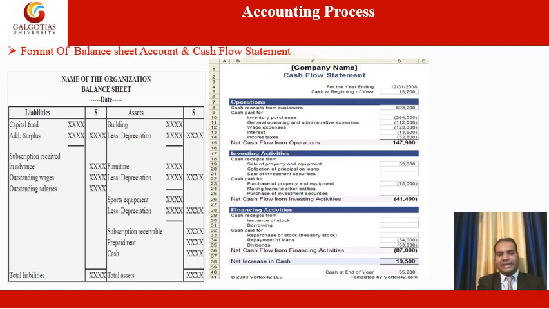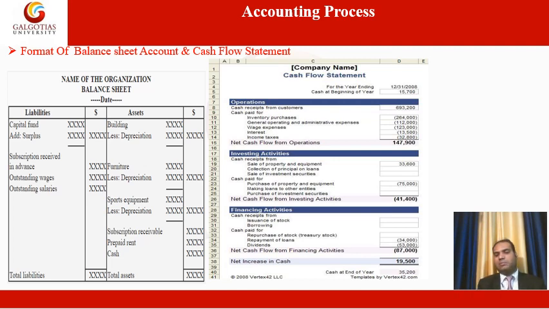On the other side, the asset side, you have to write the fixed assets, like building, furniture, and you can show the current assets, like debtors, bills receivable, cash in hand, right? Whenever you total the assets and the liabilities, it is always equal, right?